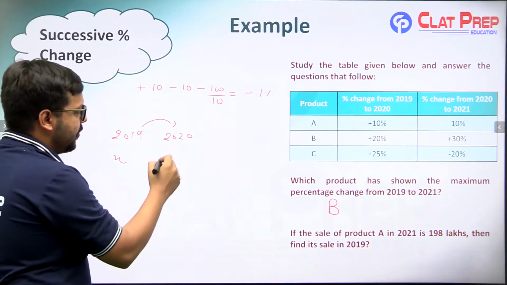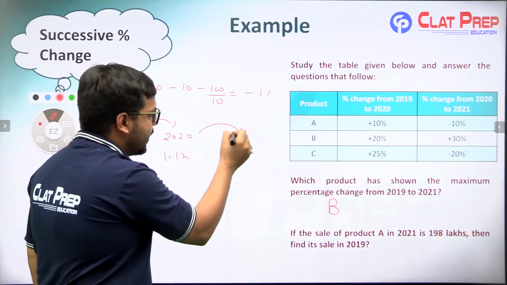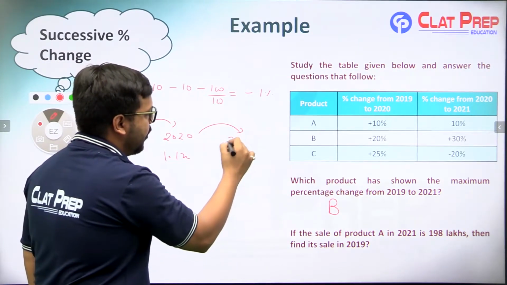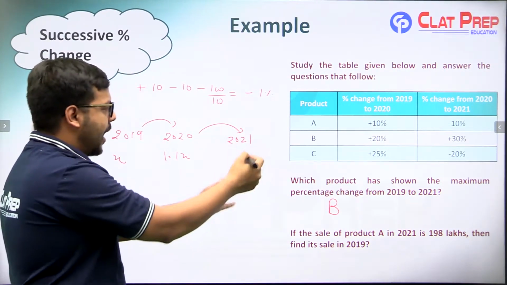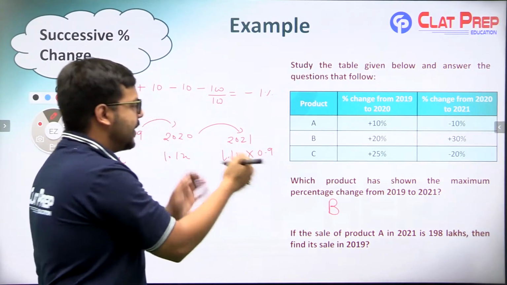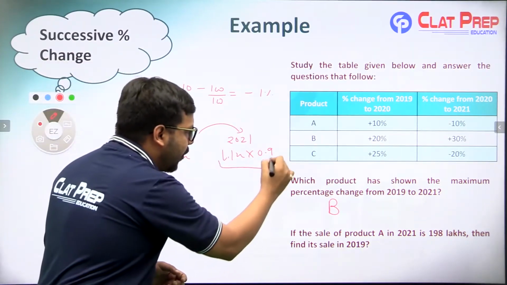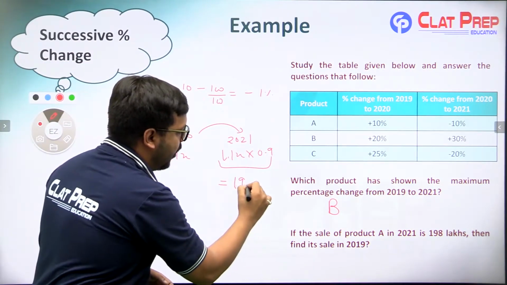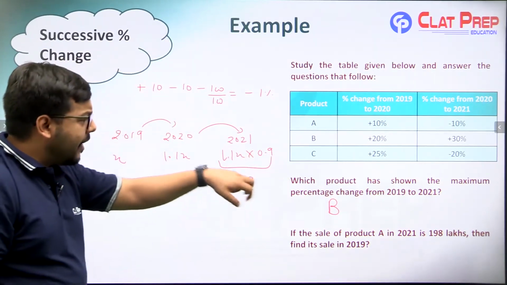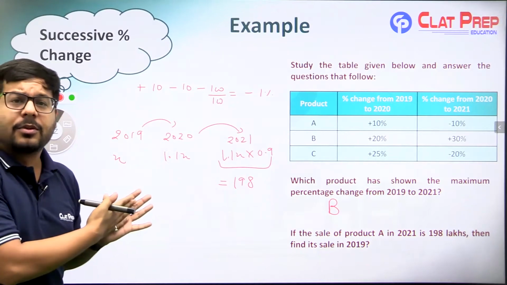So if we increase this by 10%, it will be 1.1x. Then again it is decreased by 10% in 2021. So if we try to calculate, it will be 1.1x into 0.9, or you can say 110% into 90%, like this. And we equate this whole thing to 198 lakhs, and then we try to calculate the value of x, which was supposed to be the original sale in 2019.